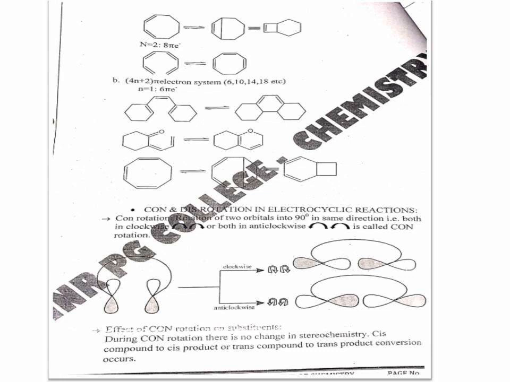We have to identify where the new sigma bond has formed and come back to the substrate side, the open chain side, where we have the conjugated system. That conjugated system has 4 pi bonds, so you will have 8 pi electrons. So it comes under the 4n pi system where n is equal to 2, because the answer is 8 pi electrons.